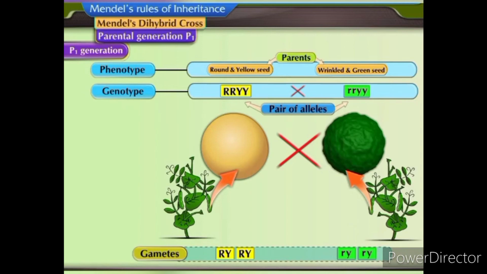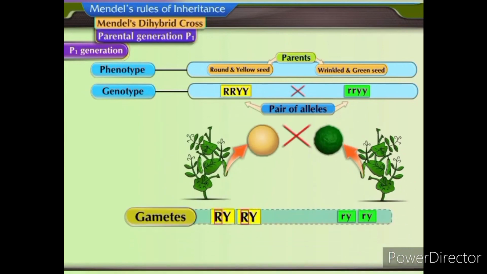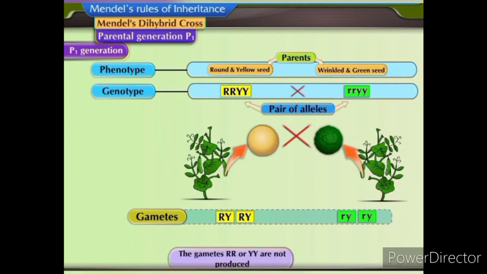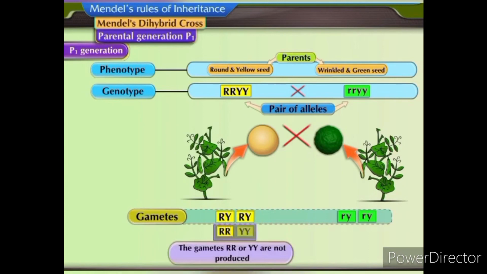Hence, during gamete formation, R R Y Y plants produce the gametes R Y. The gametes R R or Y Y are not produced by them. Similarly, the other parent r r y y produces the gametes r y. The gametes r r or y y are not produced by them.